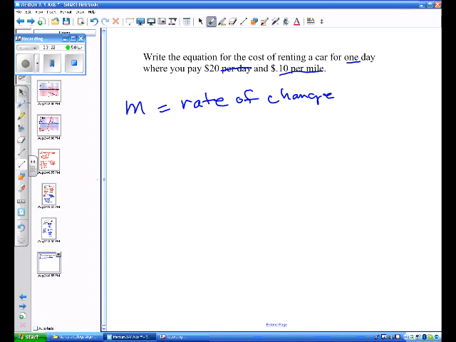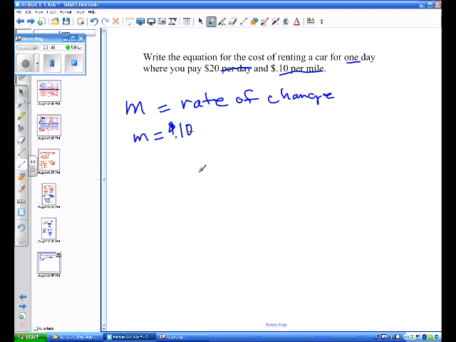And so here's the rate that's going to be changing. As we drive, we're going to pay 10 cents per mile. And so our cost for 1 day, our rate or our slope, is going to be 10 cents per mile. And then we also have what we call our y-intercept.